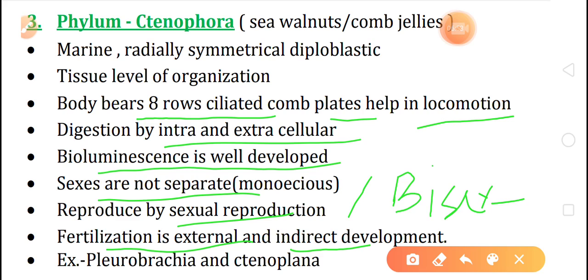They are hermaphrodite, monoecious or bisexual, because the sexes are not separate. They reproduce sexually. Male and female gametes come in contact externally and form a zygote. The development is indirect because it does not depend on the mother's body. Clear about Ctenophora that we have discussed?